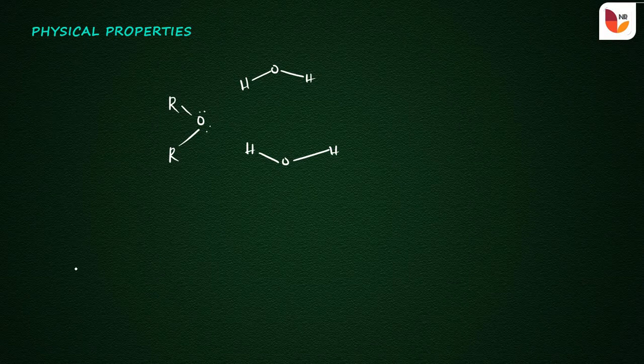Between the ether molecules there is no hydrogen bonding, but between ether and water molecules there is hydrogen bonding. That is the force of attraction between the oxygen and the hydrogen. So this bond is called a hydrogen bond. Because of the formation of hydrogen bonds with water molecules, ethers are miscible with water like alcohols.